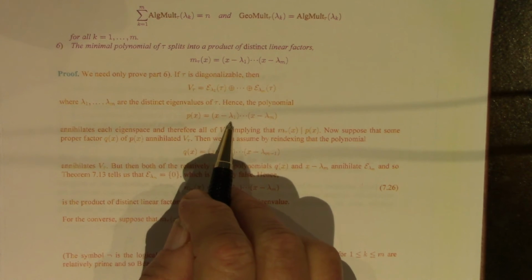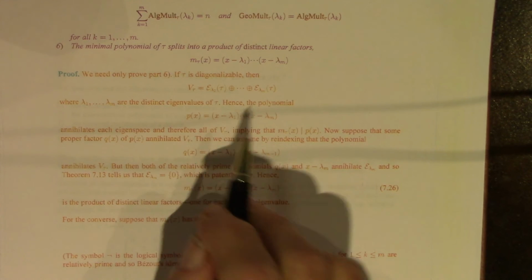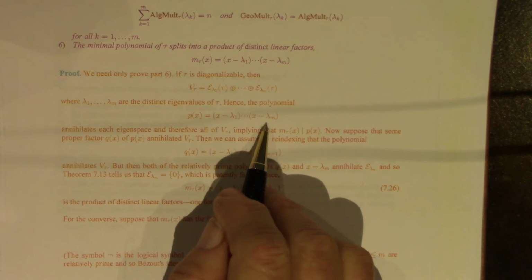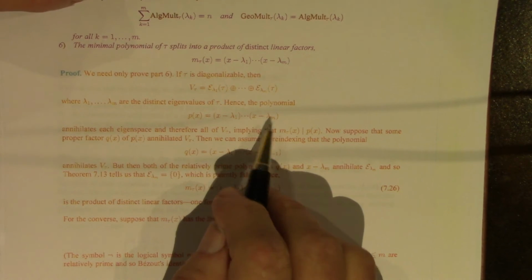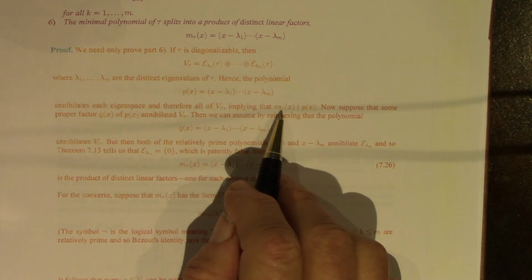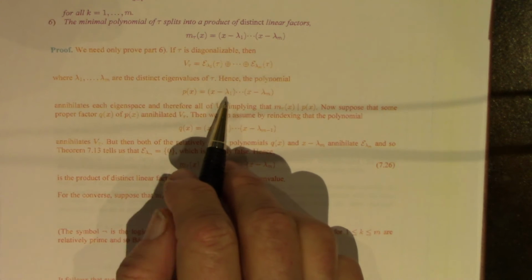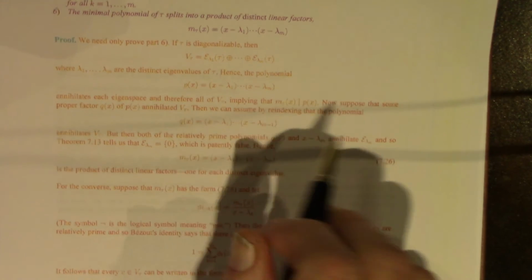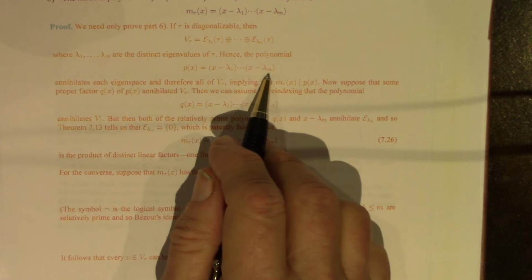X minus lambda 1 annihilates the eigenspace associated with lambda 1 and so on. So this will annihilate all of the operator module, which means that the minimal polynomial of tau will divide this polynomial. So it has only linear factors. The question is, does it have all of these linear factors?